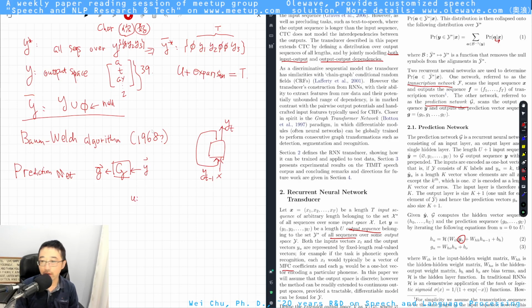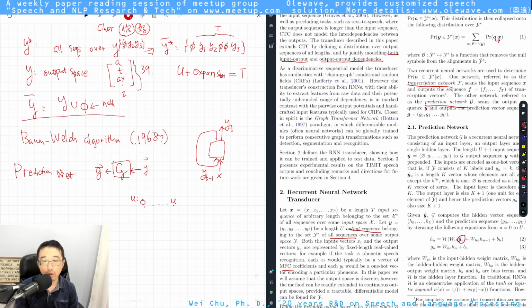Currently, whether in training, decoding or inference, you only know labels from 0 up to label u.